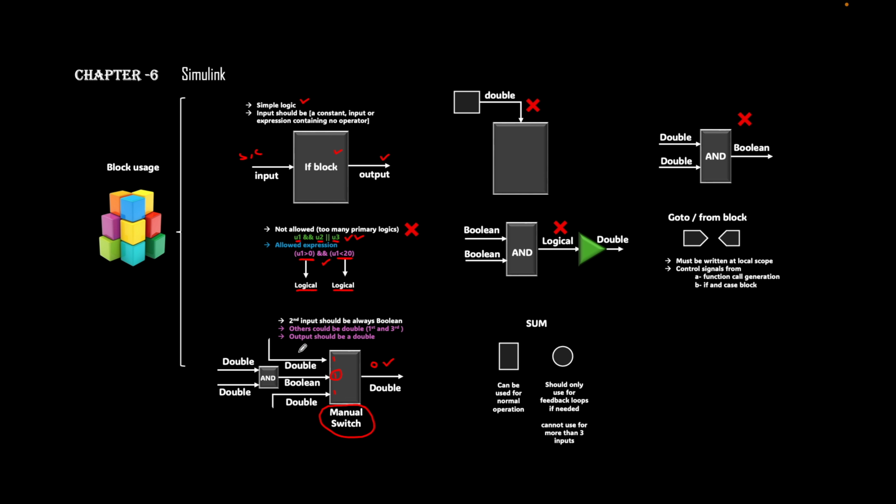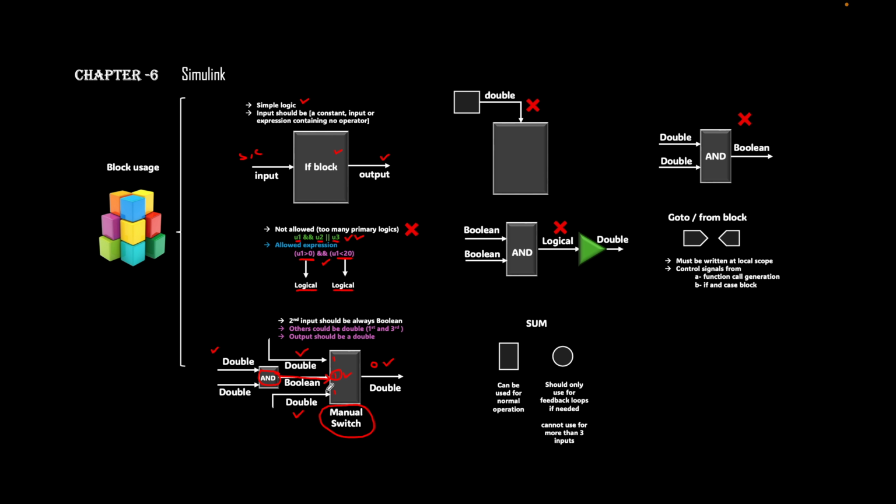But in this case, both the first and the third port should have the same data type, and the middle one should be a logical data type. So here you are doing some operation and giving a Boolean as an input for this manual switch, and that is how it is performing the operation.